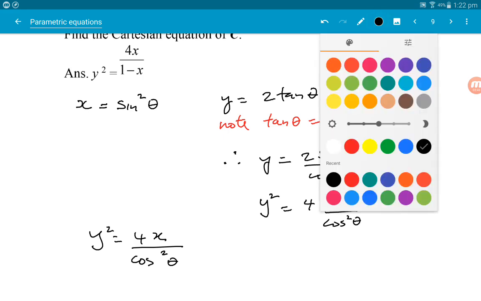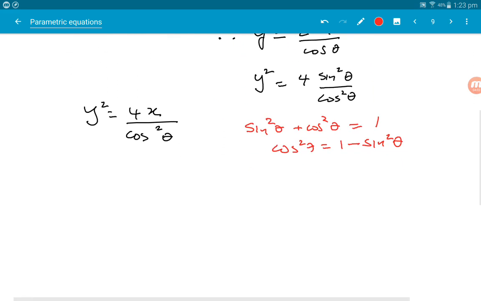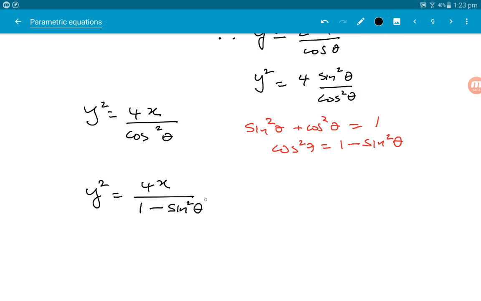But if sine squared theta plus cos squared theta is equal to 1, cos squared theta is equal to 1 minus sine squared theta. So our expression becomes y squared is equal to 4x over 1 minus sine squared theta. But sine squared is x. So we get 4x over 1 minus x.